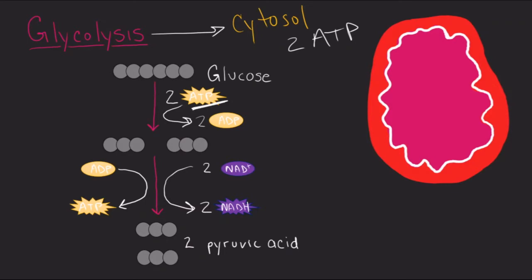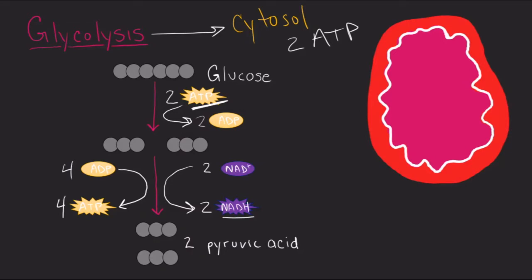But then once it runs, we take 4 ADP, and we are able to use the energy that's obtained from the breaking apart of glucose to make 4 ATP. And in the process, we give 2 NAD plus molecules, each a pair of electrons, so that they become NADH.